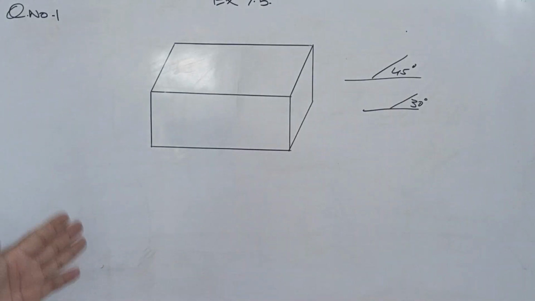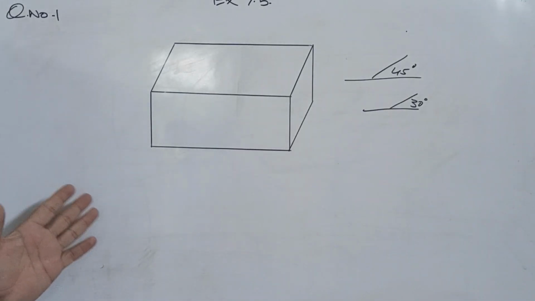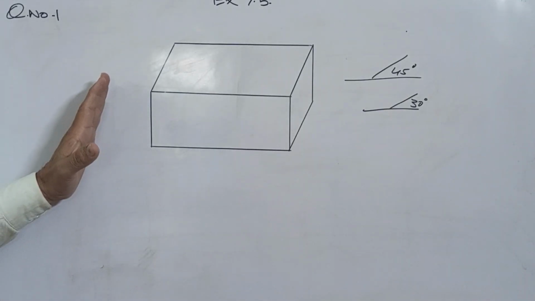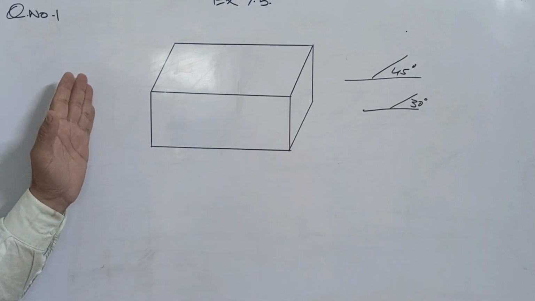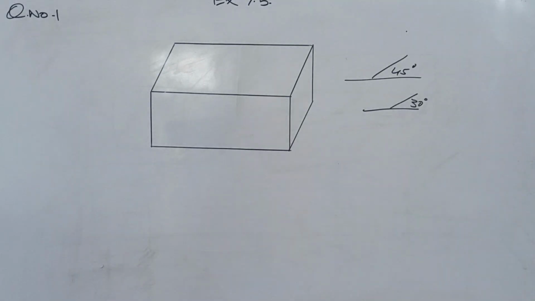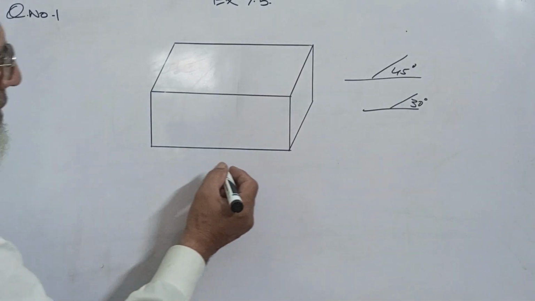So my dear students, you are seeing an isometric view of a cuboid. Now the question asked is: the diagram shows a cuboid, draw a net for the cuboid. It is very simple. The dimensions are given in alphabets.